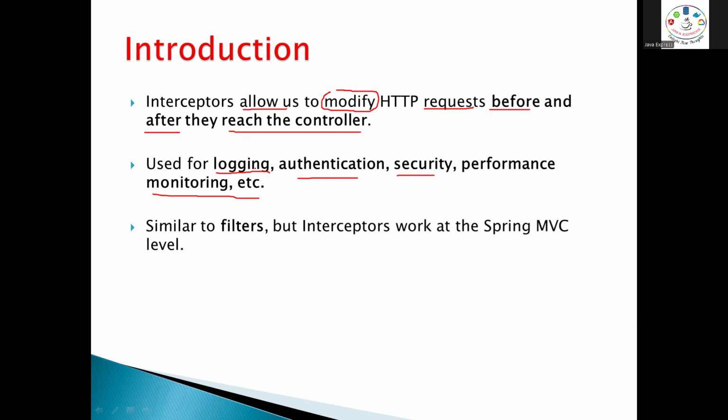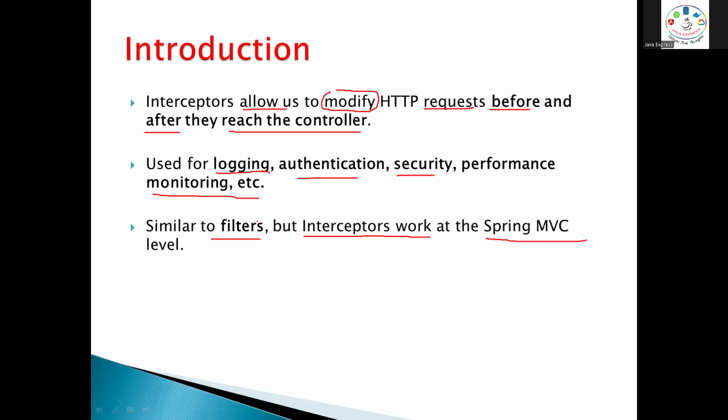Before interceptors, when we were working with servlets and JSP, we had filters, right? Interceptors work at the Spring MVC level. Before reaching the Spring controller, interceptors are useful. Before reaching the interceptor, if you still want to work with the raw HTTP request, then we have filters.